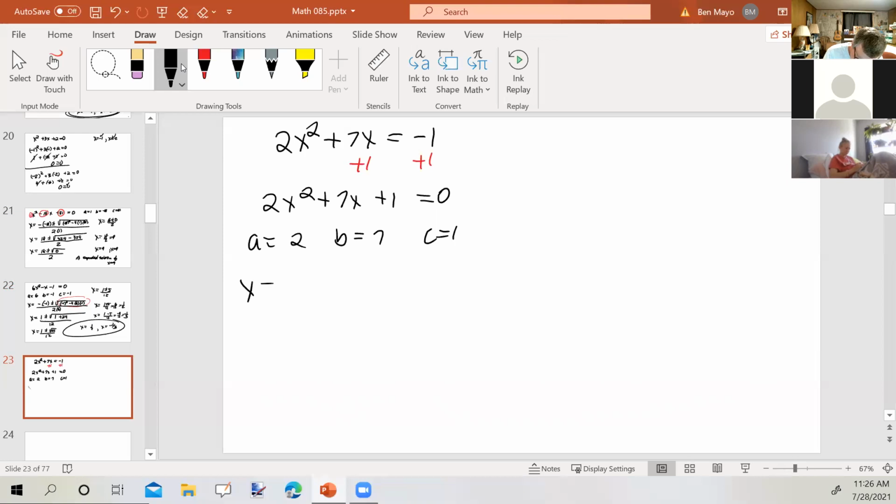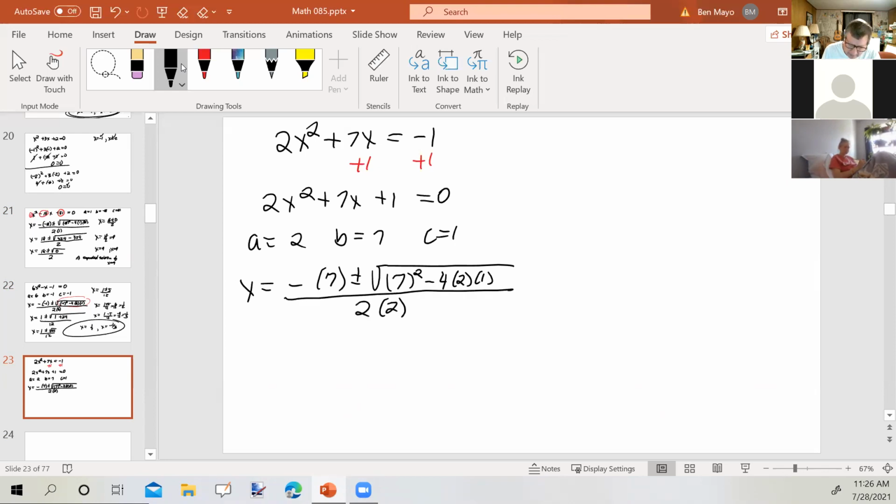So we have x equals negative b plus or minus the square root of b squared minus 4ac, all over 2a. X equals negative 7 plus or minus the square root of 49 plus 8.